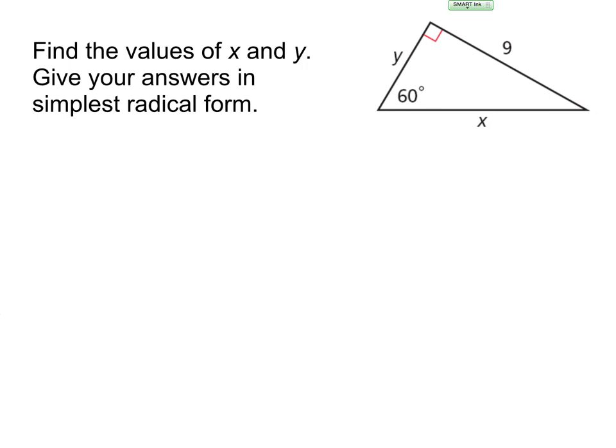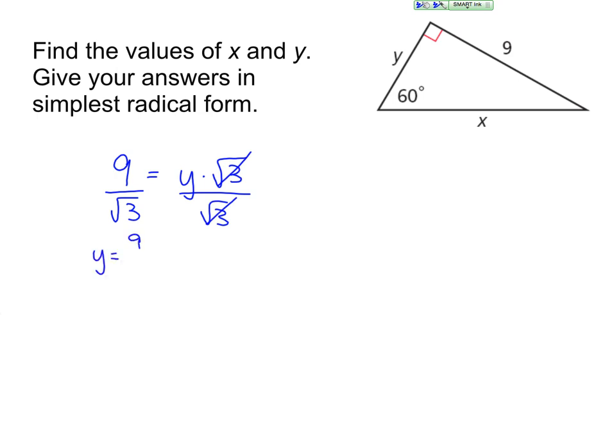We have to find y before we can find x in this one. Okay, the 9 is the long leg, right? Long leg has the pattern of being the short leg, which is y in this problem, times the square root of 3. So to get y, you have to take 9 and divide by the square root of 3.